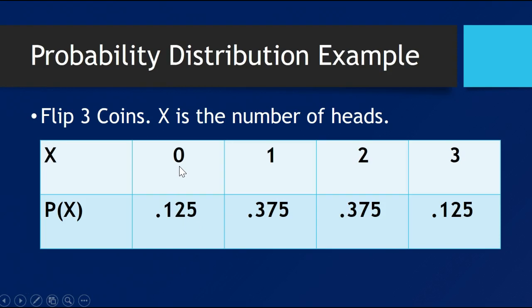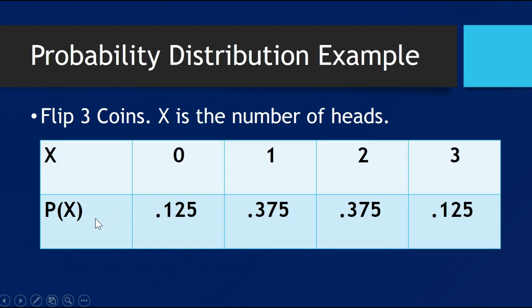So you could get 0 heads. It's also possible that you could get 2 tails and 1 head. Or you could get 2 heads and 1 tail. Or you could get all 3 being heads and 0 tails.